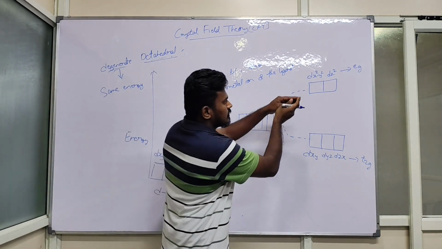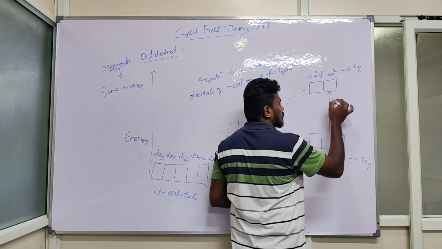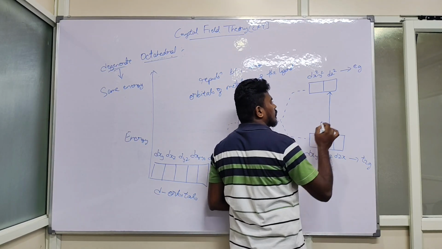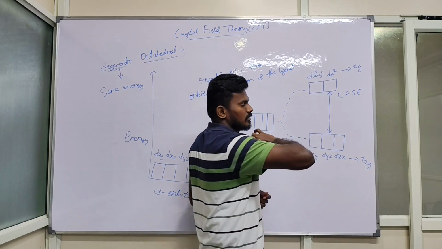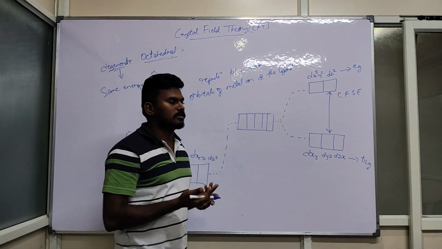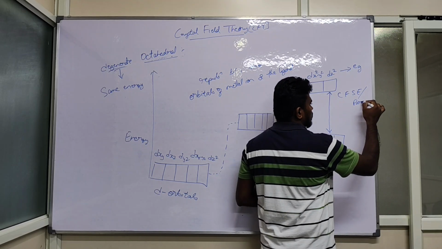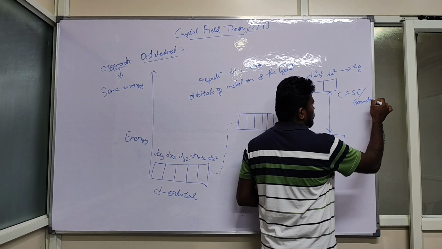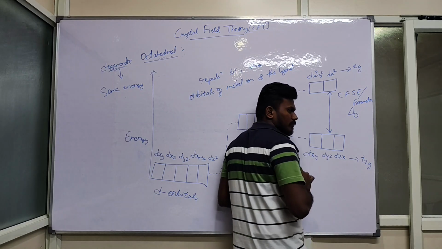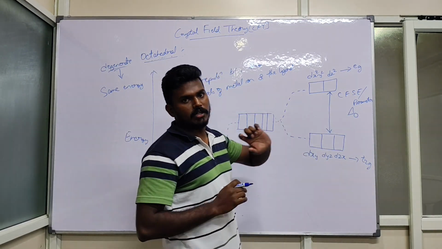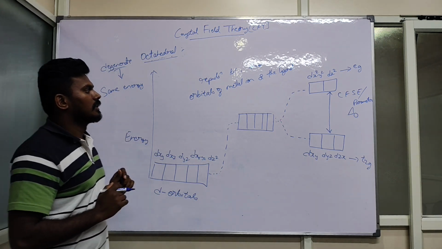The difference in the splitting of orbitals is known as CFSE, the crystal field splitting energy or crystal field splitting parameter, and it is denoted by delta O, where O signifies an octahedral complex or octahedral geometry.